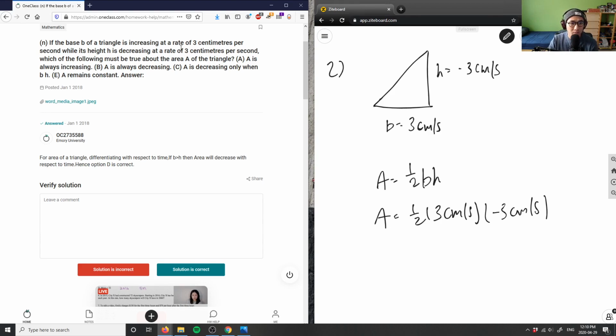So it says increasing at a rate, decreasing at a rate of centimeters per second, and I care about the area of the triangle. So I would have to figure out some type of formula that relates these two terms together with respect to time here.